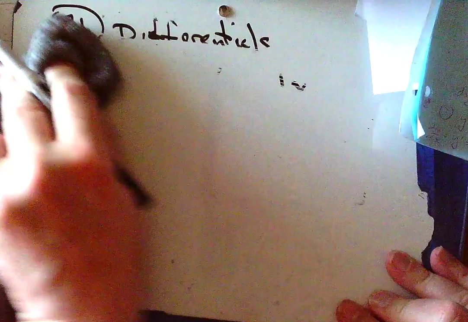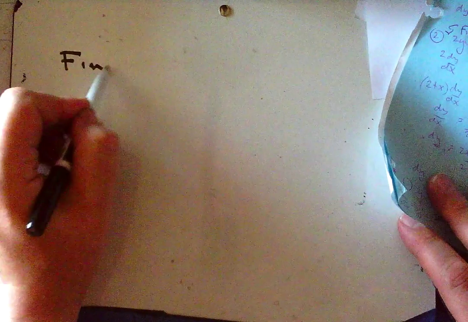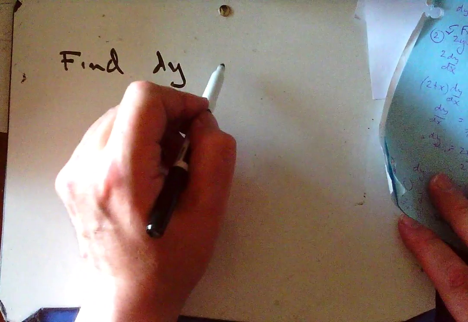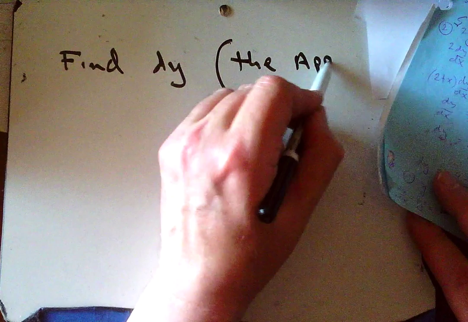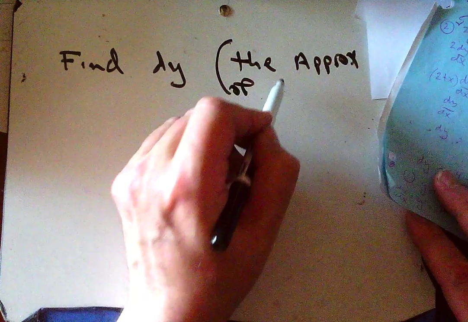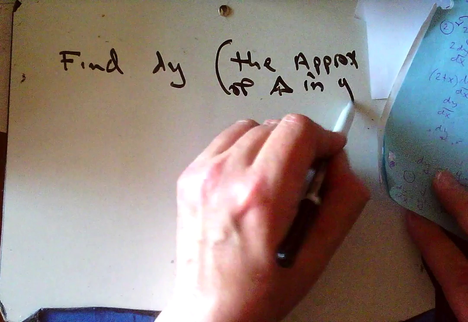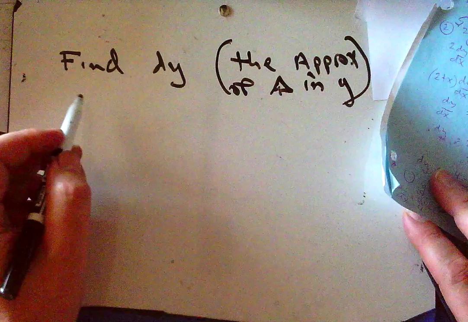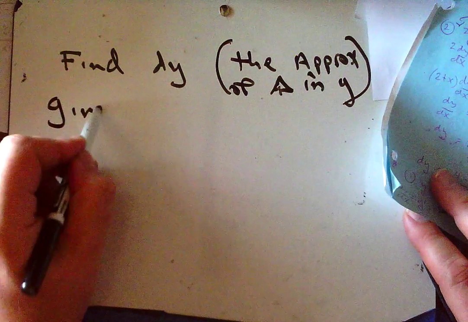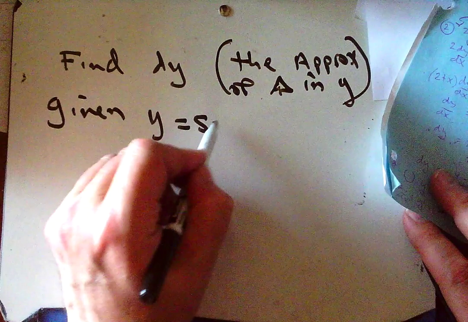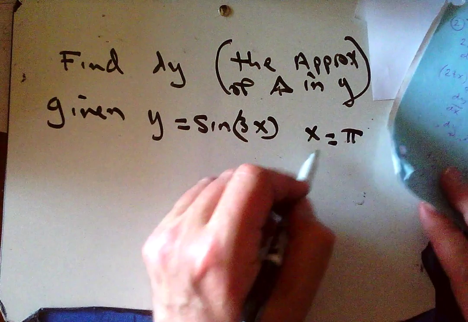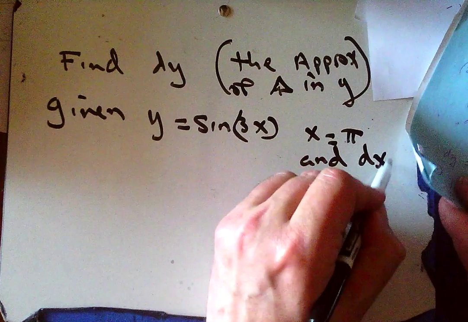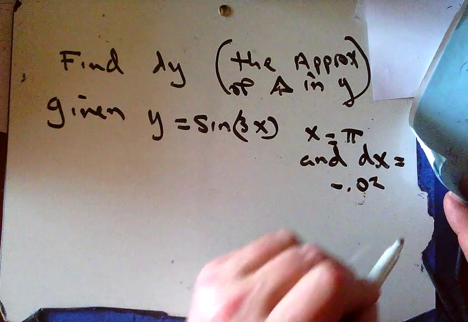So, let's go and say, find dy. This is the approximation of change in y given y equals sine 3x, x equals pi, and dx equals negative 0.02.